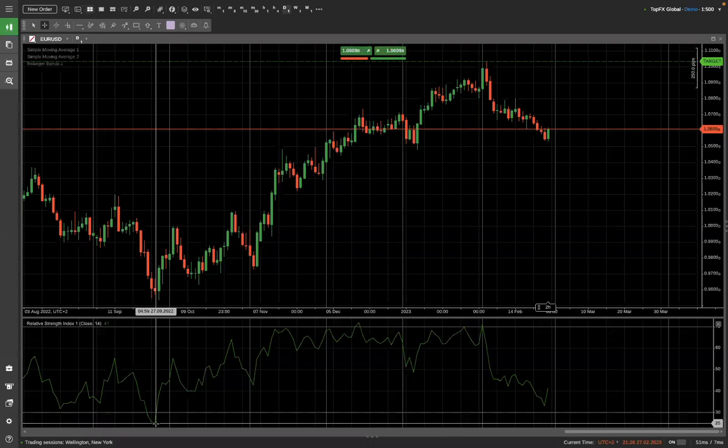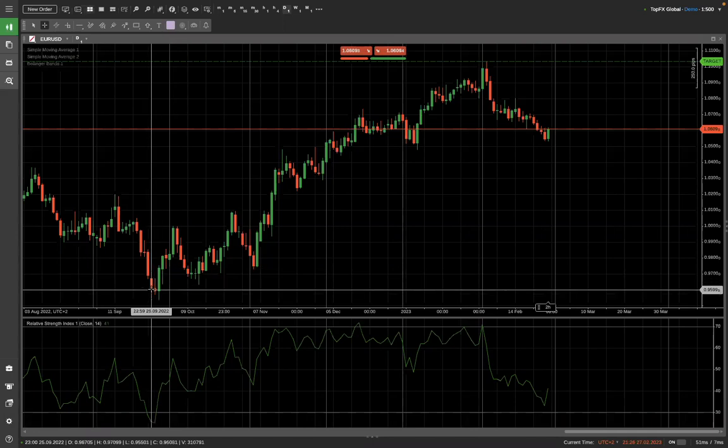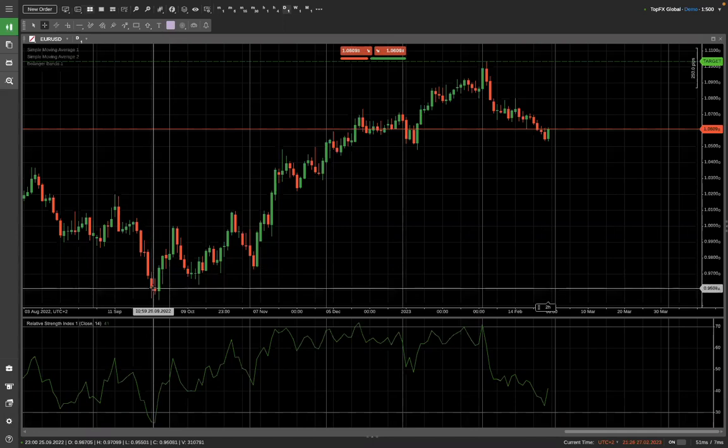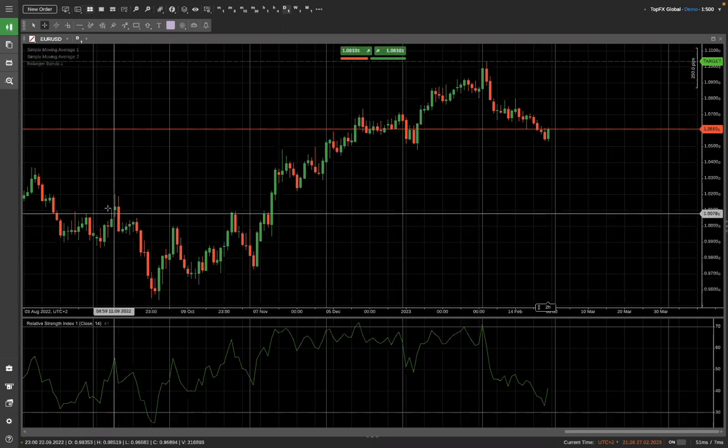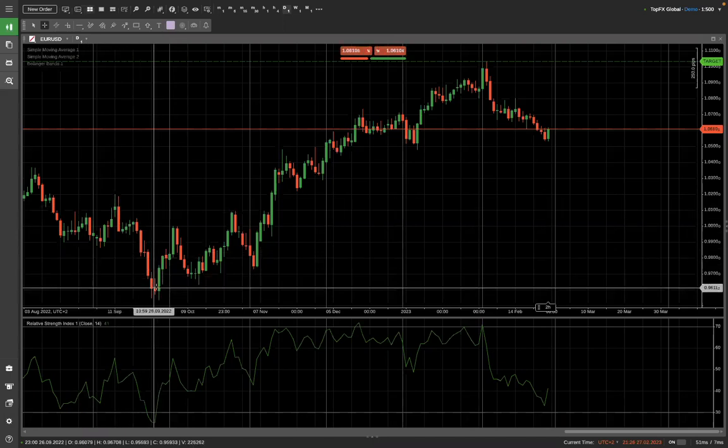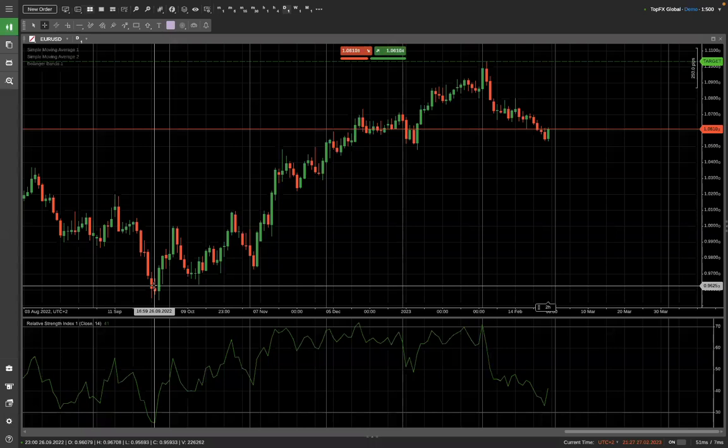So those conditions are extremely oversold, which means that the market is under the influence and control of bears. Right now, the price on the euro dollar, let's say the close of this candle, is very cheap compared to 14 periods back, which is why this level is considered extremely oversold. The market is oversold because everyone keeps selling, and of course if someone is selling, someone must buy.